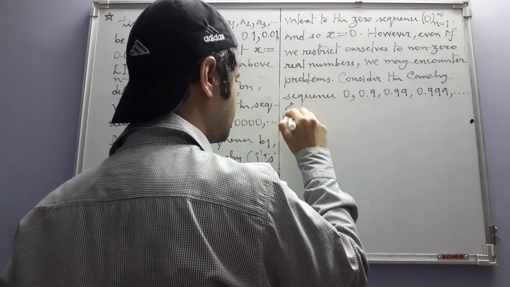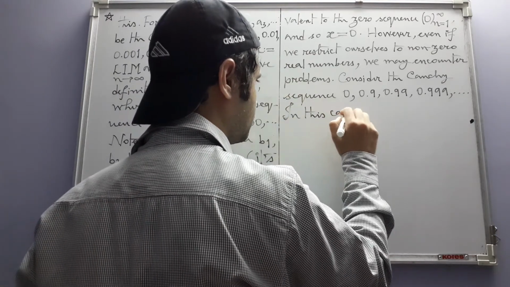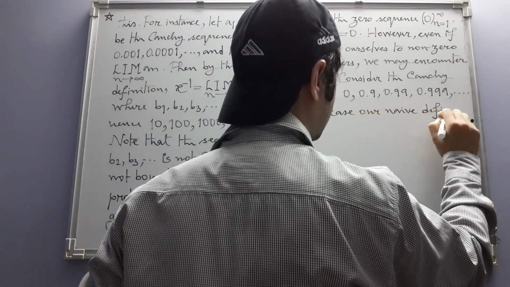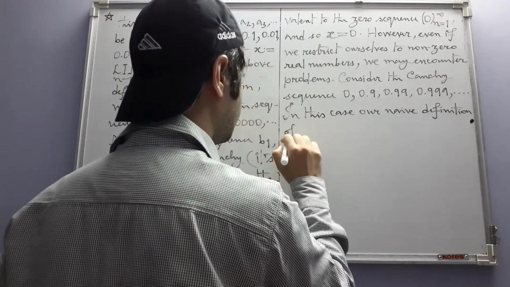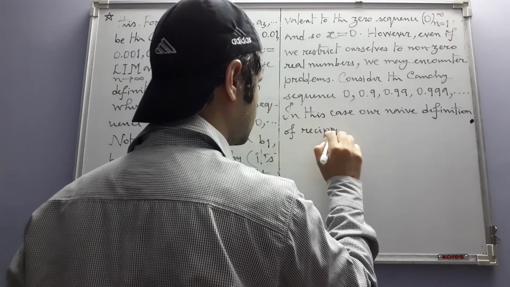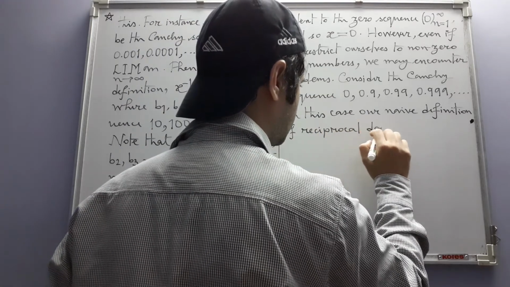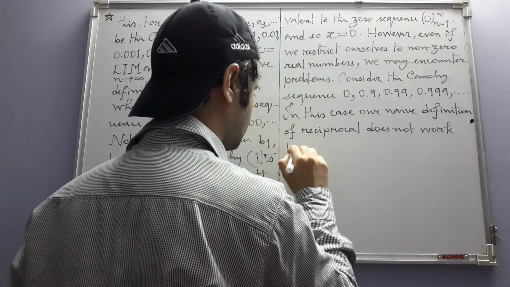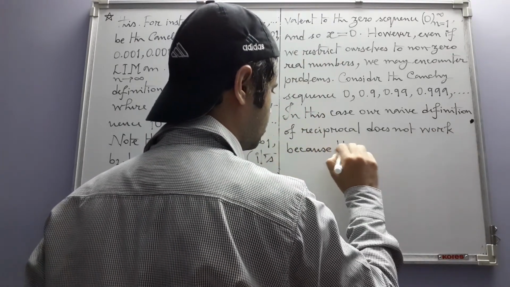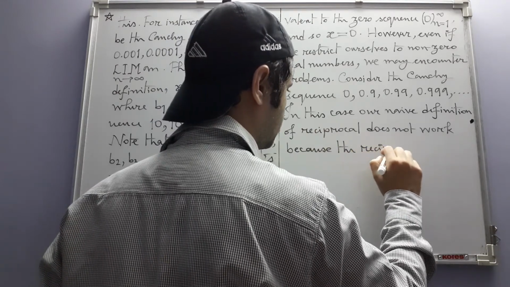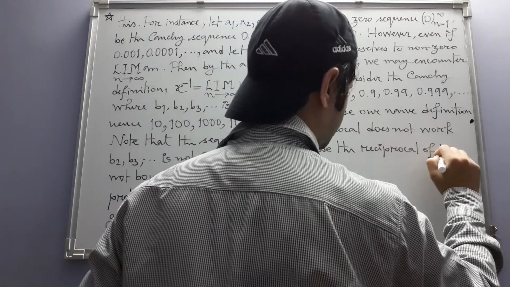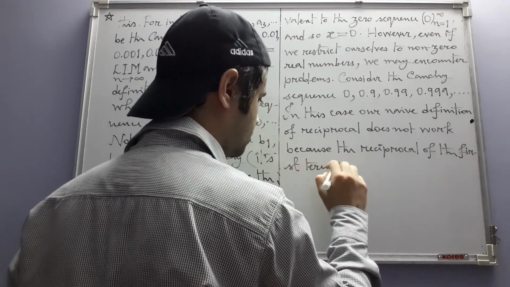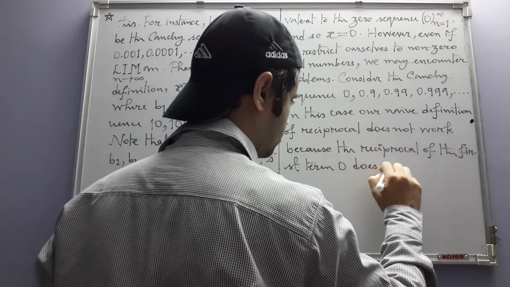In this case, our naive definition of reciprocal does not work because the reciprocal of the first term 0 does not exist.